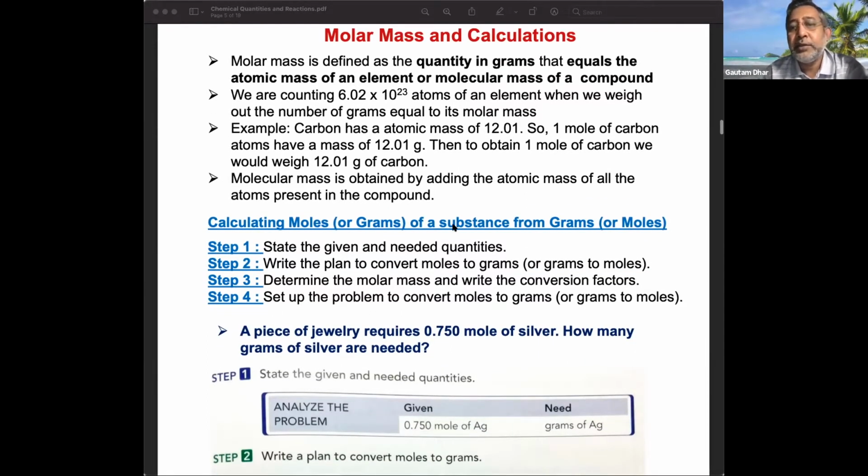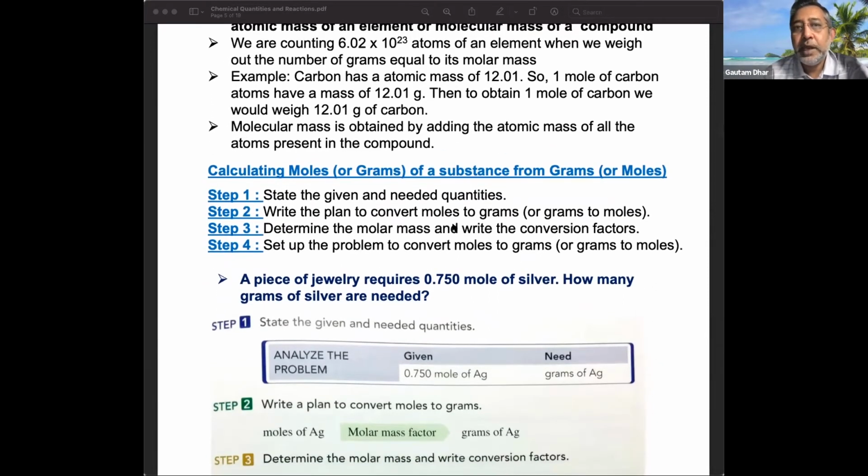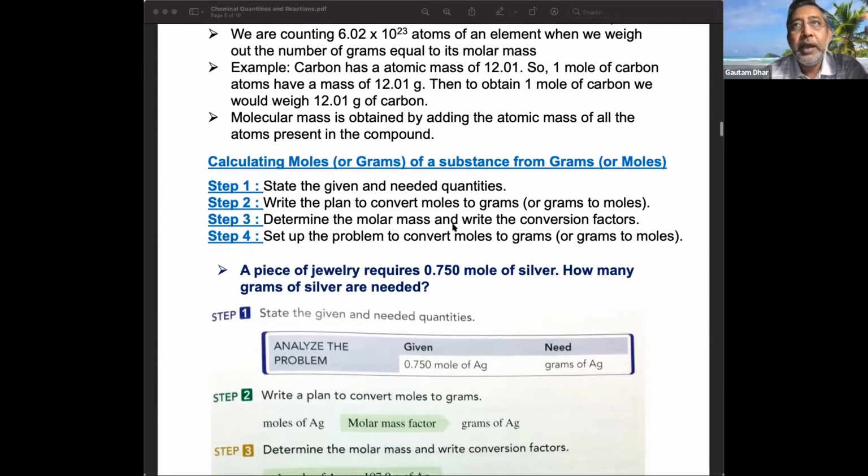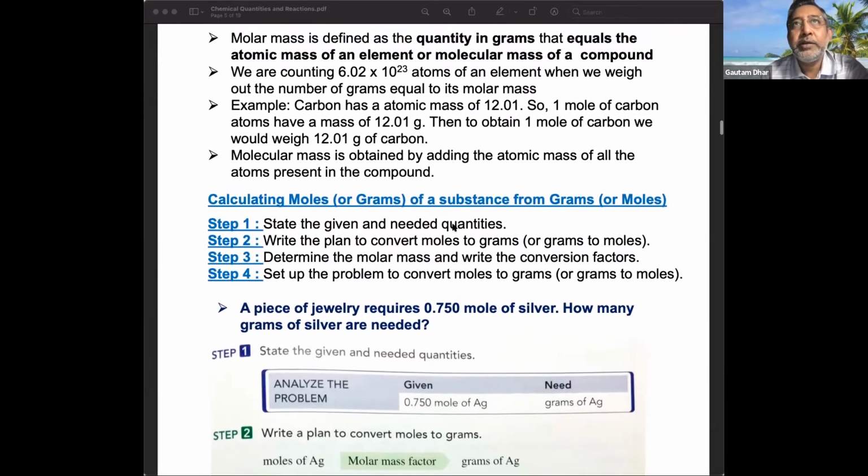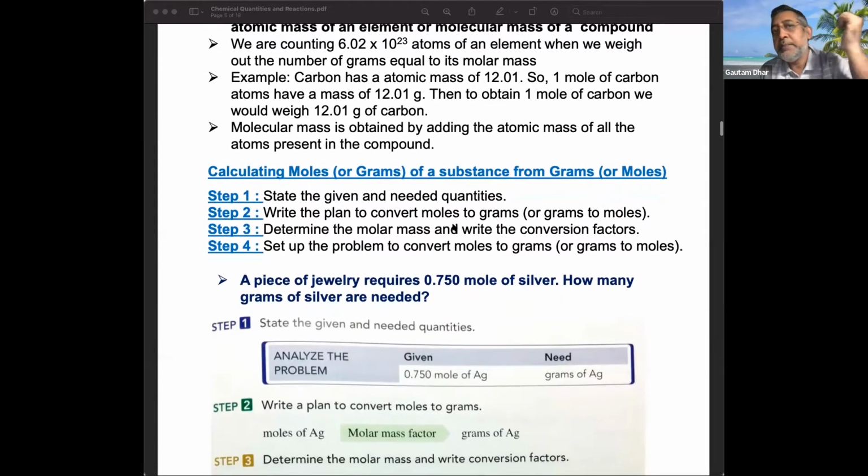Water is H2O, so if you add up the atomic weights of hydrogen and oxygen, you get the molar mass of water. Hydrogen is 1, so 2 hydrogens is 2, and oxygen is 16, total 18. So if I take 18 grams of water, that will contain Avogadro's number of water molecules. So it's a very simple idea.